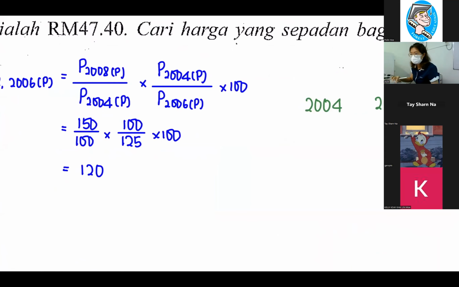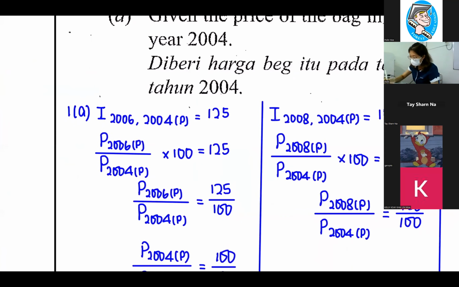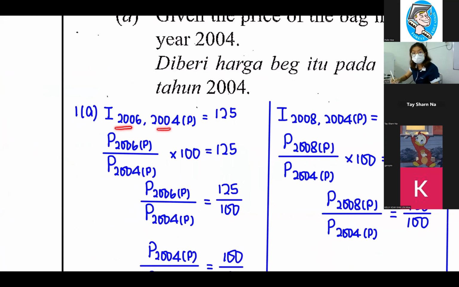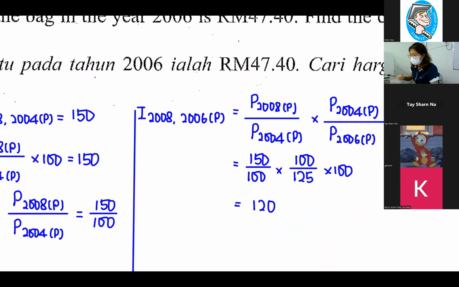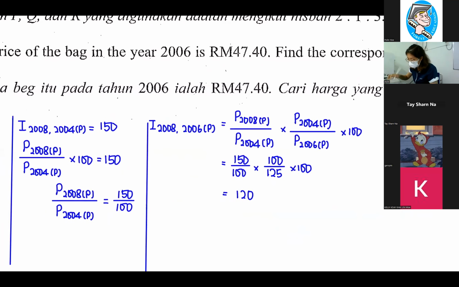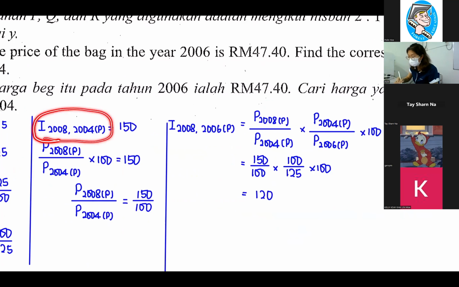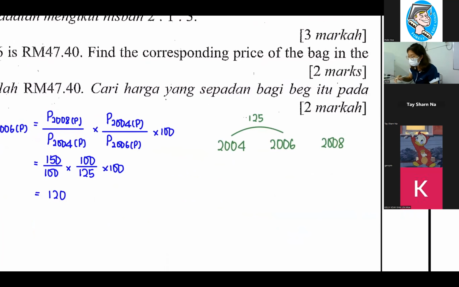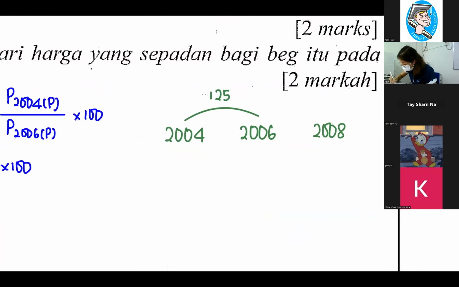Do you have 2004 to 2006? Yes, this is 2006 based on 2004. This is 125, which means from 2004 to 2006, it jumped 125. OK, it goes like this. Then from 2004 to 2008, it jumped 150.